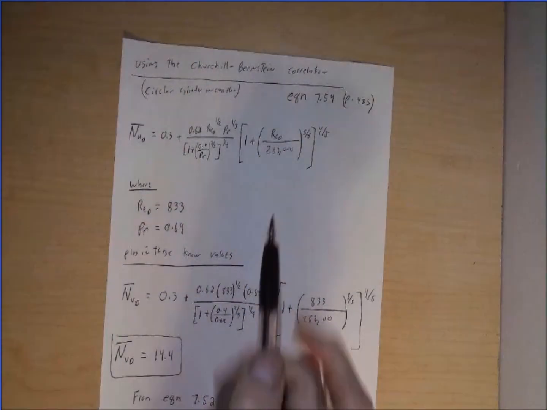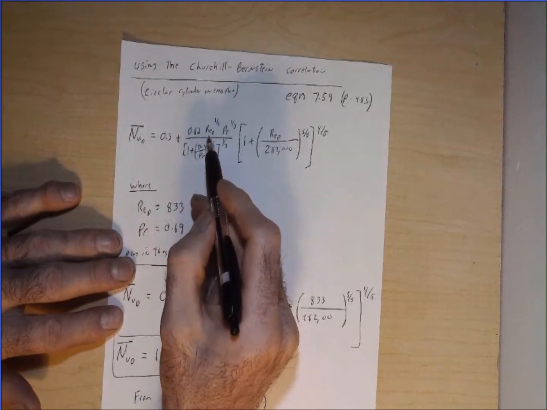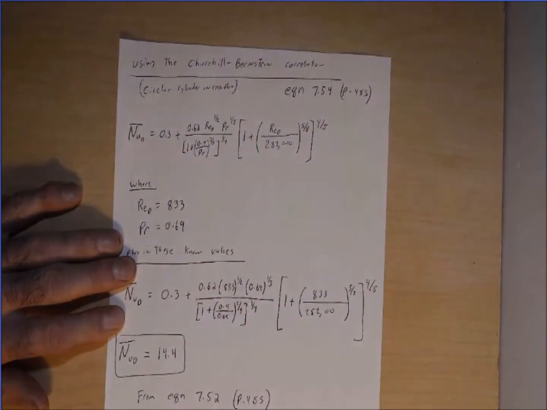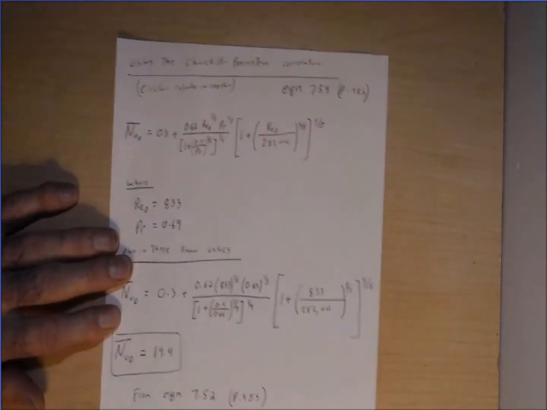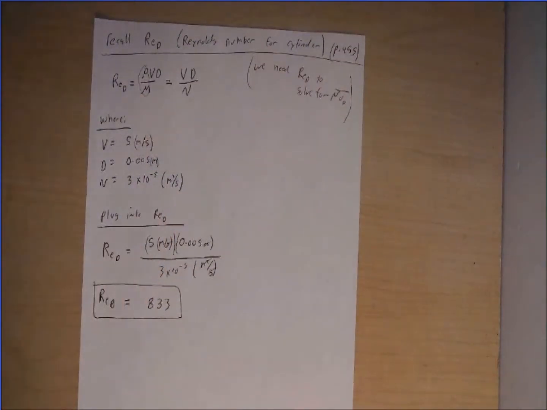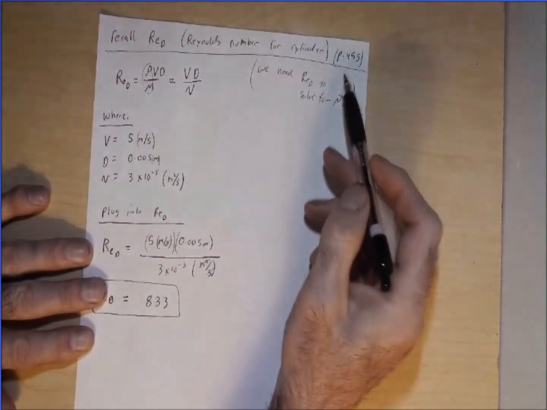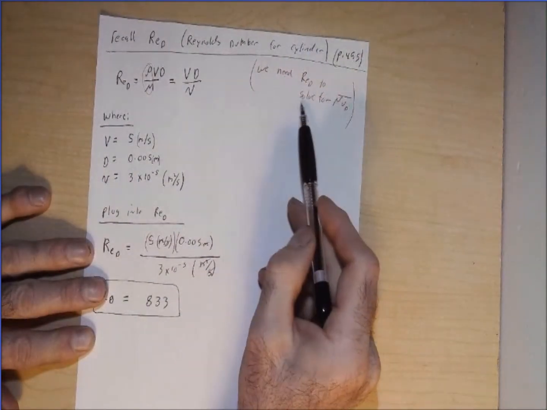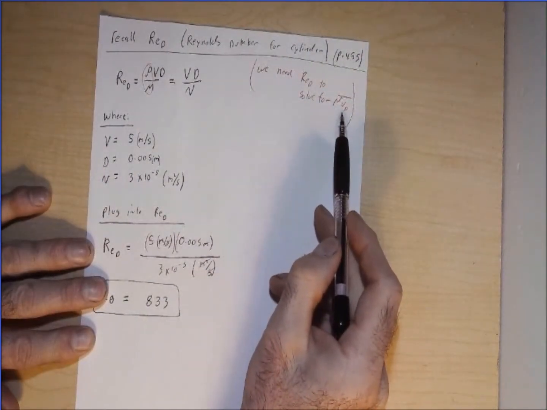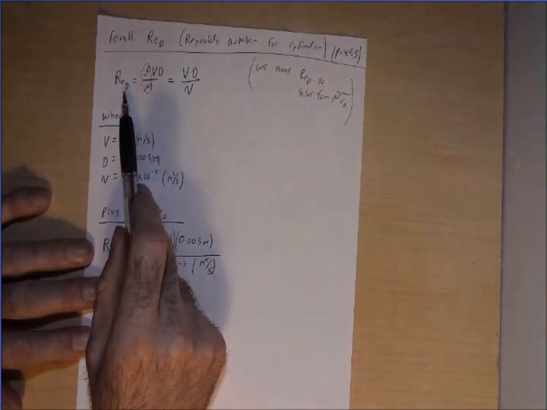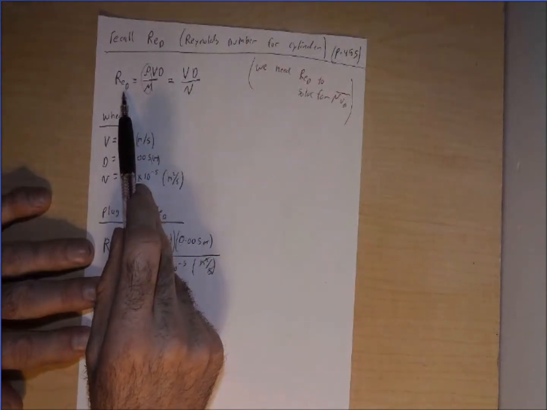Now, what we need to realize is that in order to use this, we still need another equation to get our Reynolds number. So we're going to take a look at the equation from page 455 of our textbook, because we need Re_D in order to solve for average Nu_D.